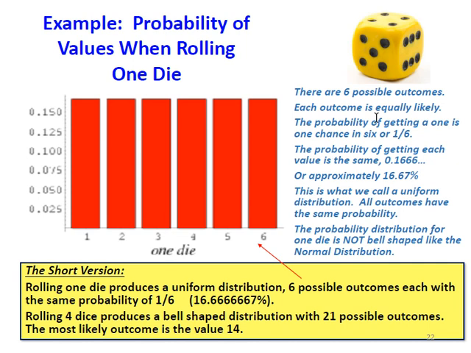So each outcome is equally likely because the die is fair. You have a number on each surface of that die, and your die is fair, so the likelihood of each number coming out is completely equal.